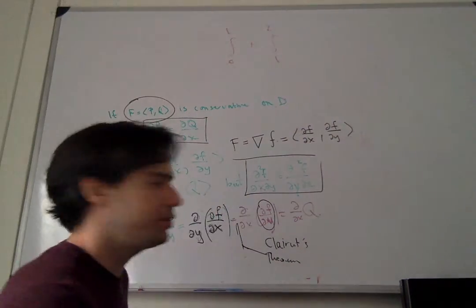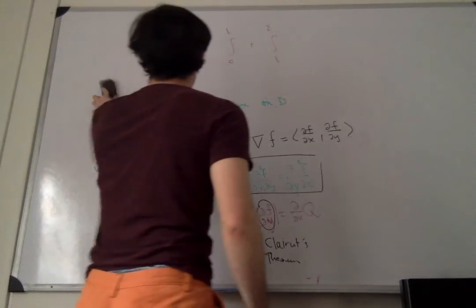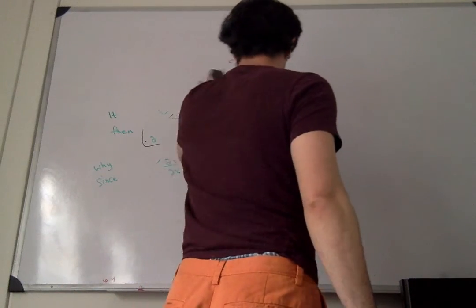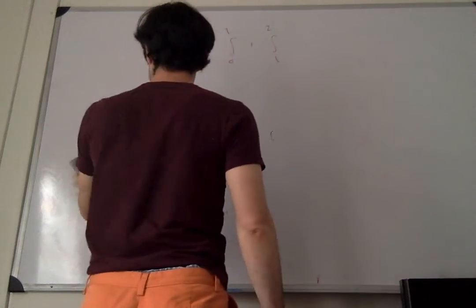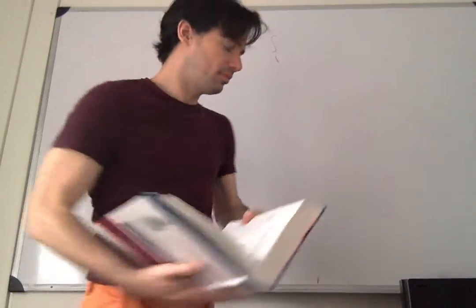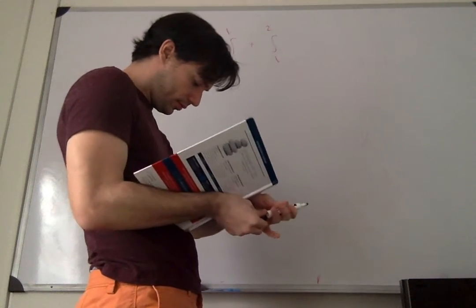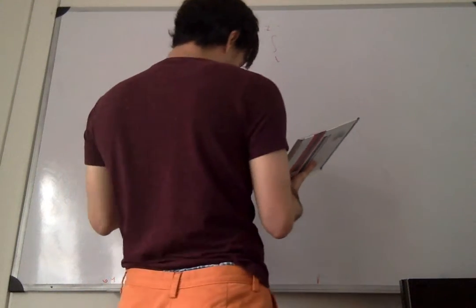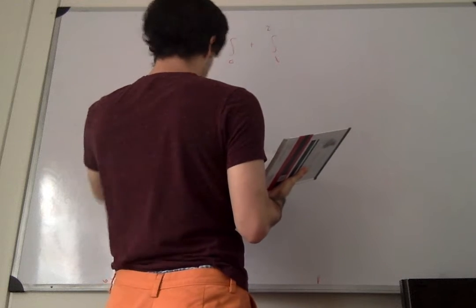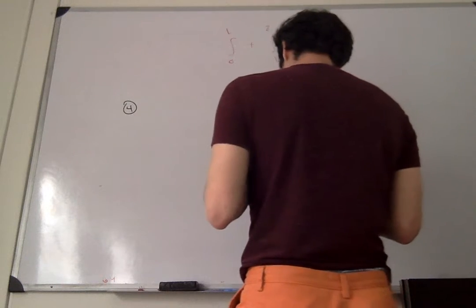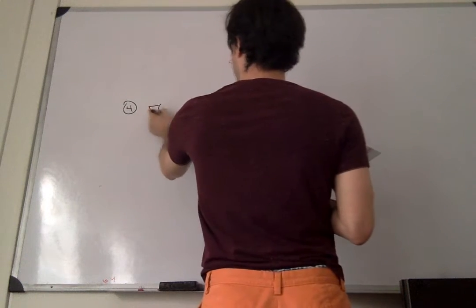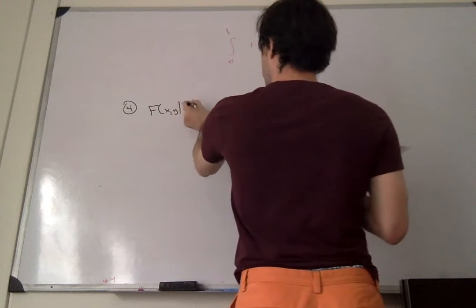Let's get into some examples. Problem 4 says determine whether or not F is conservative.